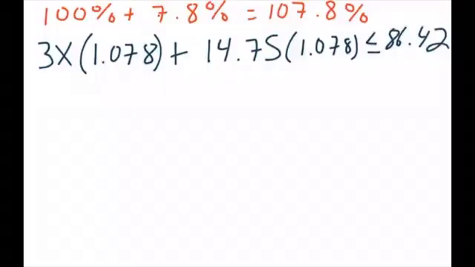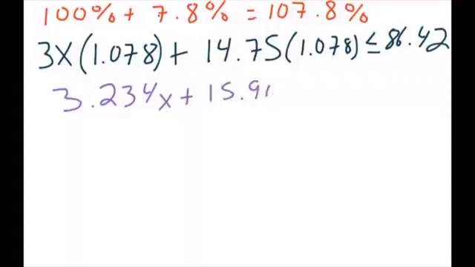Okay, now, so 3 times 1.078 is 3.234x plus 14.75 times 1.078 is 15.9005, and that's less than or equal to $86.42.